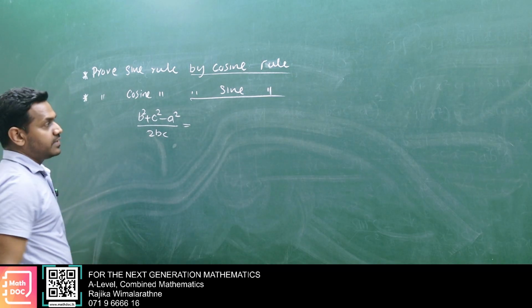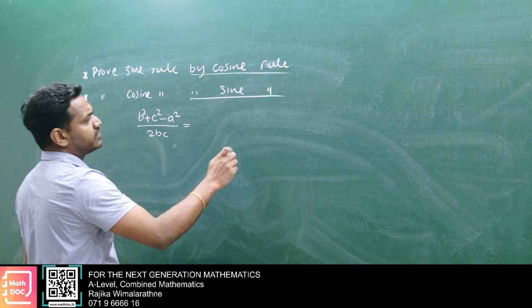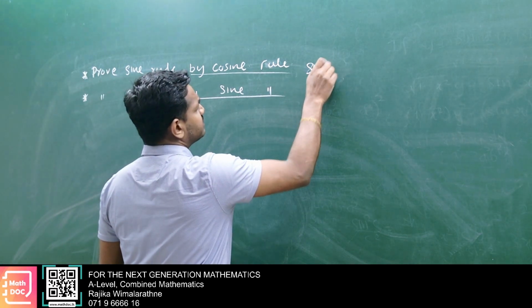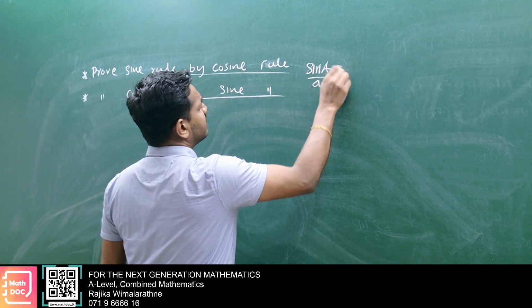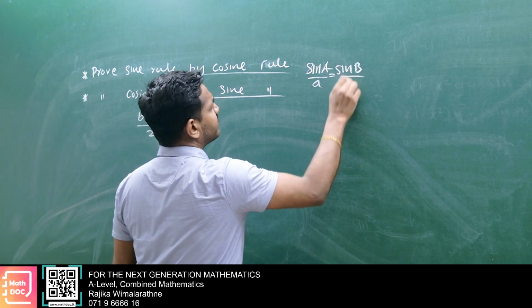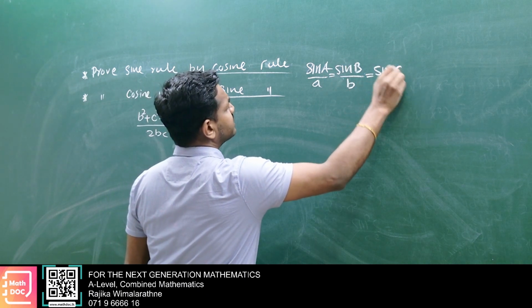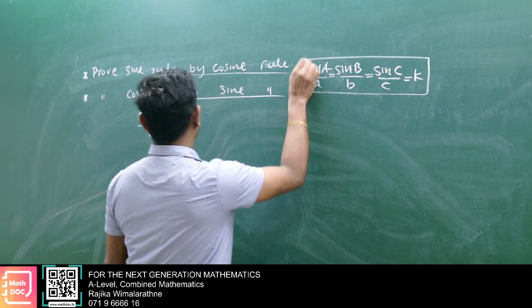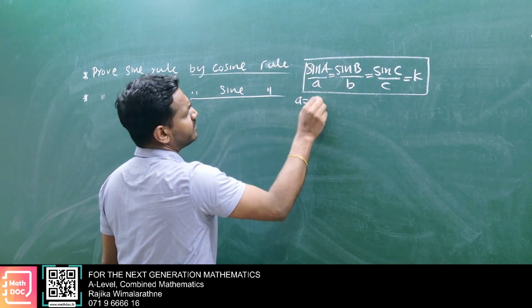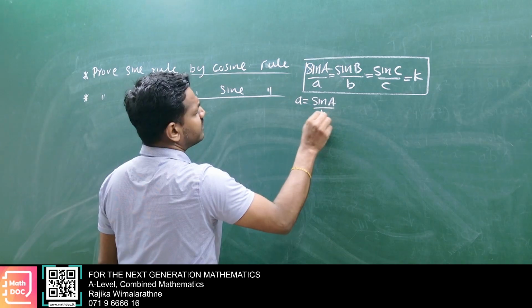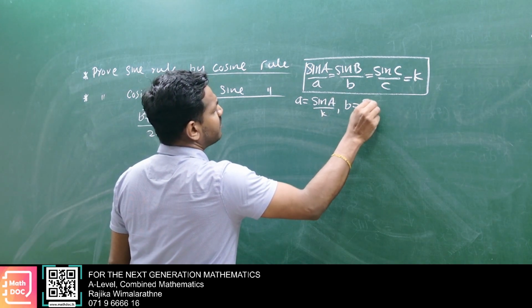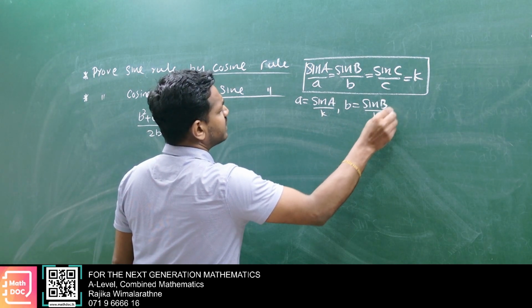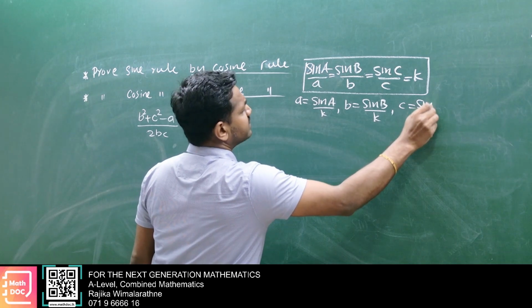By the sine rule, sin A over a equals sin B over b equals sin C over c equals K. Here a equals sin A over K, b equals sin B over K, c equals sin C over K.